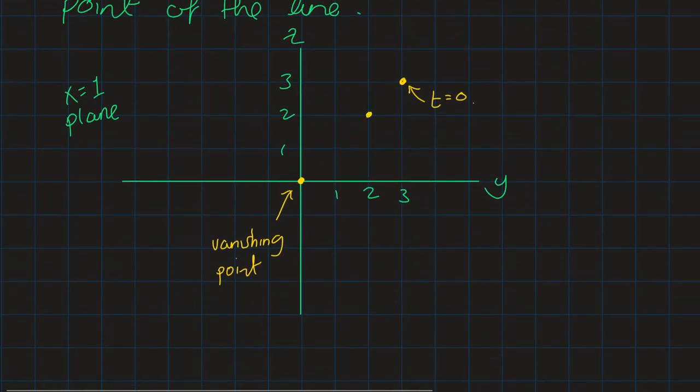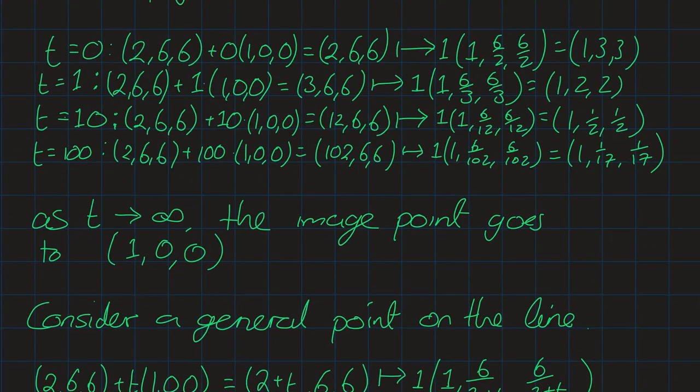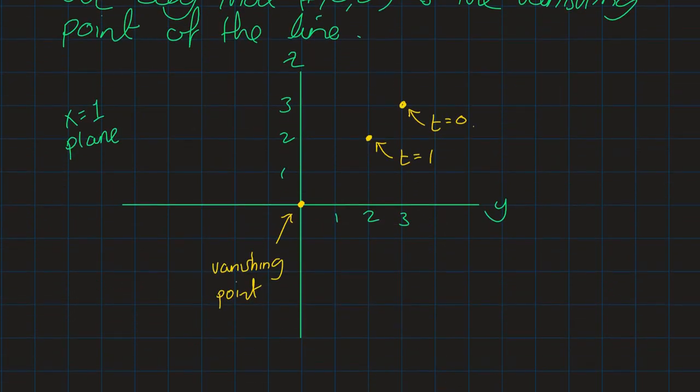This point corresponds to t equals 1. When t is equal to 10, it goes to (1, 1/2, 1/2), so that's this point here. When t is equal to 100, it goes to a 17th, a 17th, which I can't draw accurately, but this is good enough. That corresponds to t equals 100. And as t gets bigger and bigger, it's going to tend towards the origin, the vanishing point.